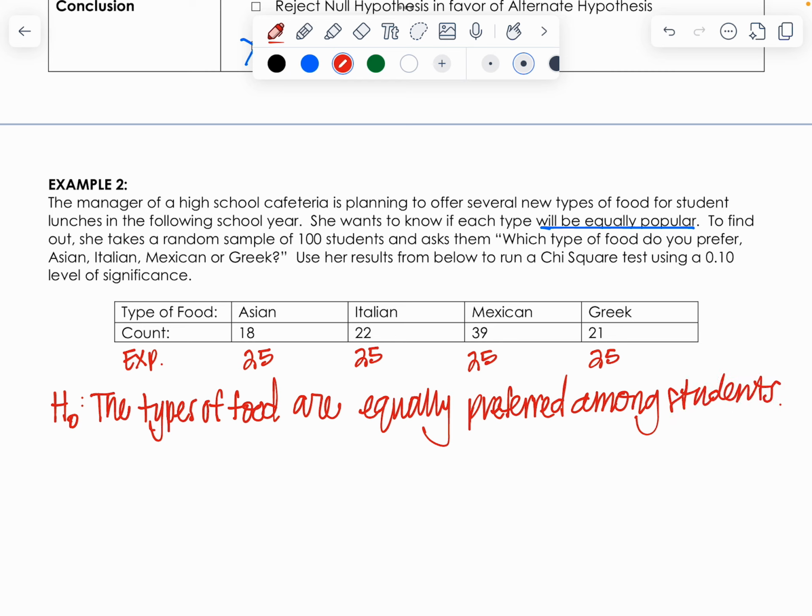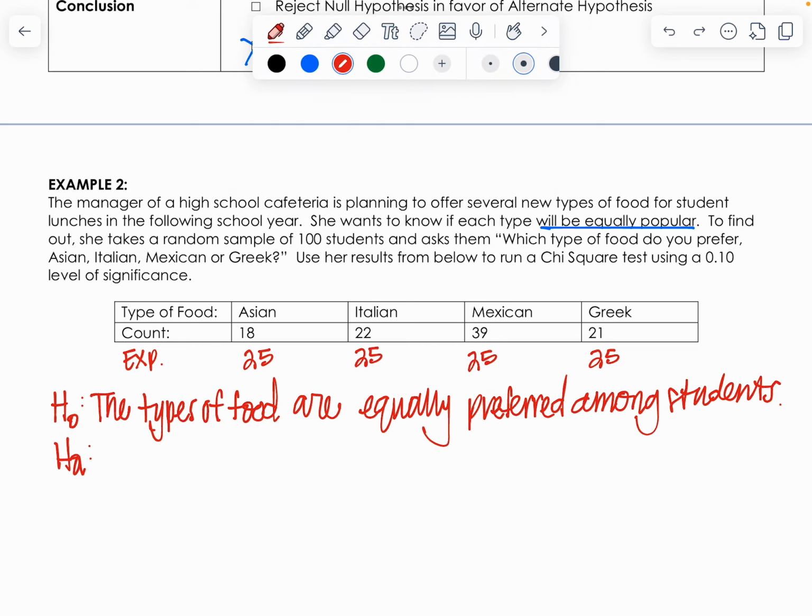You could say the distribution of types is all equal, or every type is represented equally. You could say that in a variety of ways. H-A will say the exact same thing.